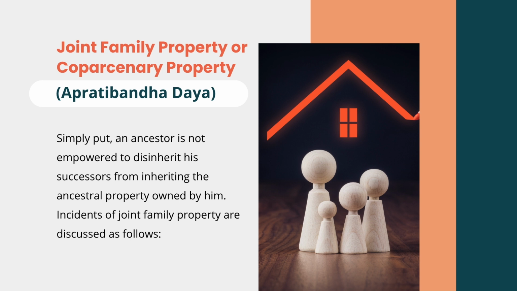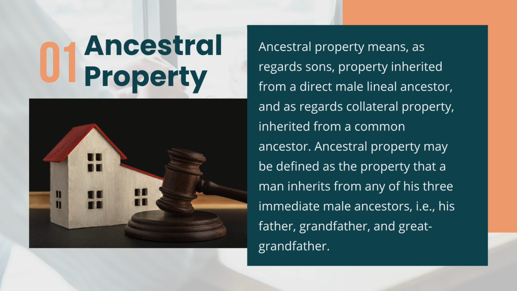Incidents of joint family property are as follows. Firstly, ancestral property. Ancestral property means, as regards sons, property inherited from a direct male lineal ancestor, and as regards collateral, property inherited from a common ancestor.